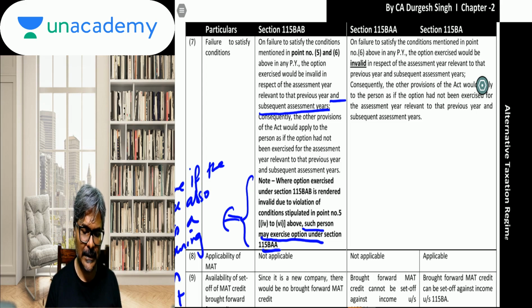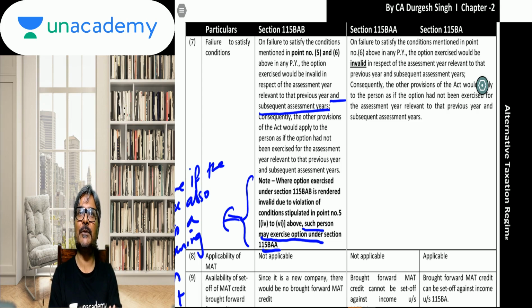Consequently, the other provisions of the Act would apply to the person as if the option had not been exercised for the assessment year relevant to that previous year or the subsequent AYs.